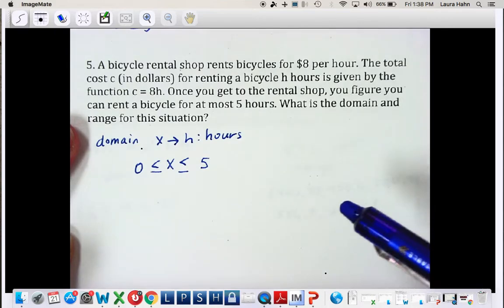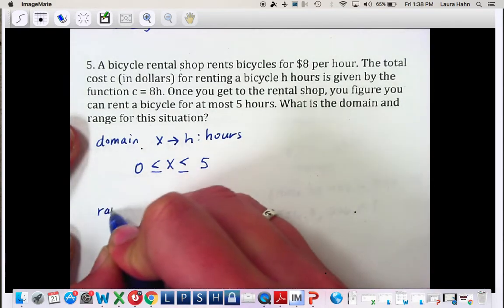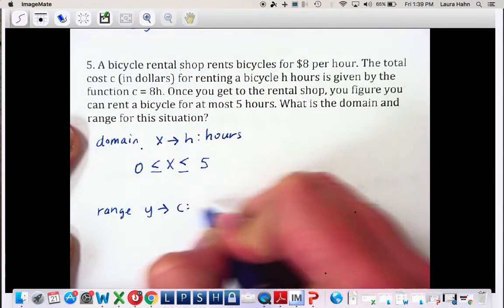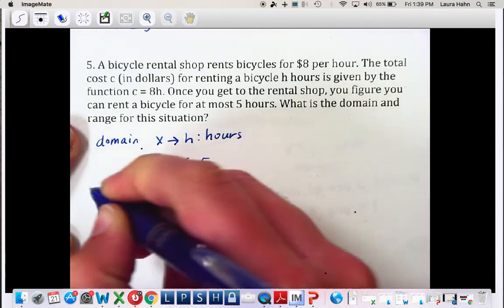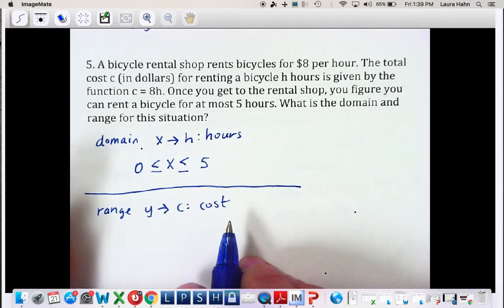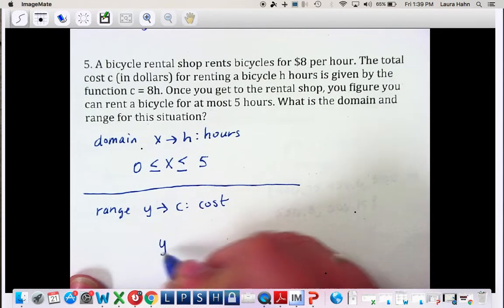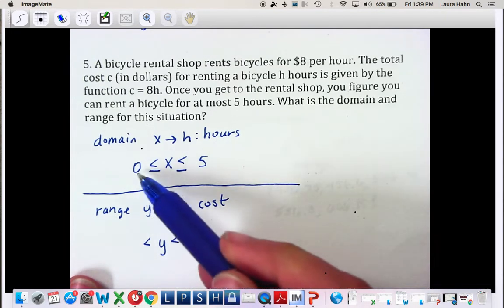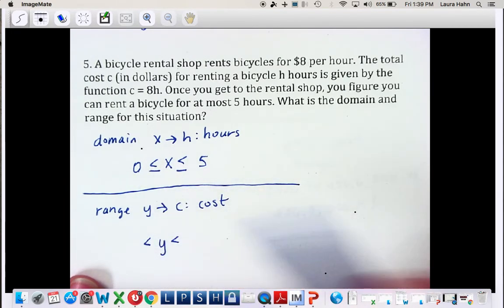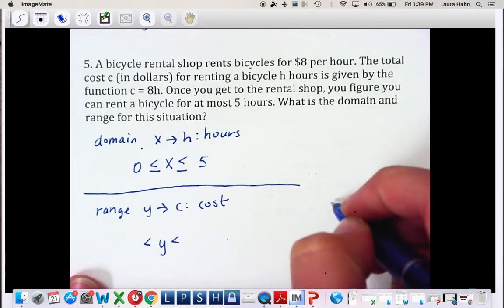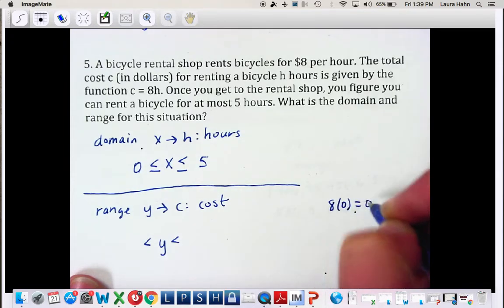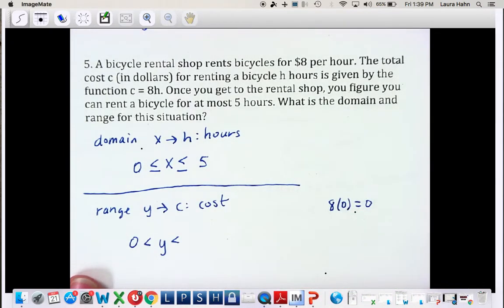Now I need to figure out my range, which is typically y, but instead of a y, they used a C, which stands for the cost. So range is y, so we're going to have a y in the middle, right? Now, if I use it for 0 hours, what is the cost? So I'm going to use the formula. 8 times h, so 8 times 0 would be 0.